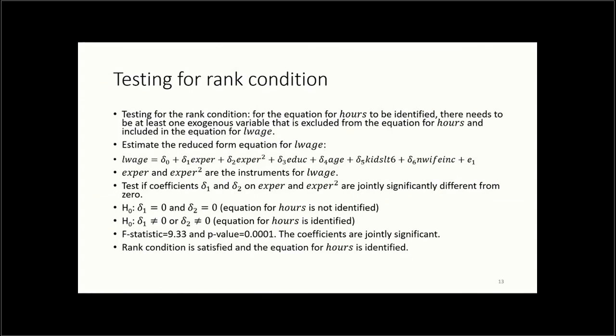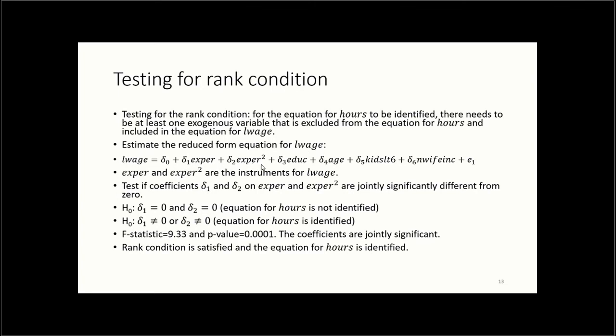So to use our example to test for the rank condition, for the equation for hours to be identified, there needs to be at least one exogenous variable that's excluded from the equation for hours and included in the equation for log wage. So let's estimate the reduced form equation for log wage.